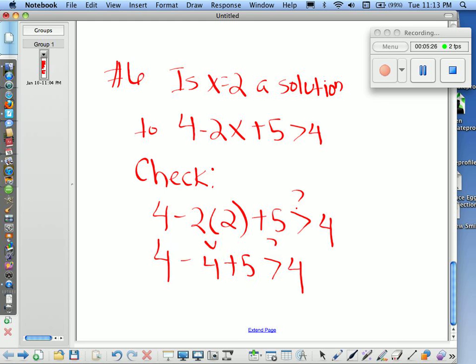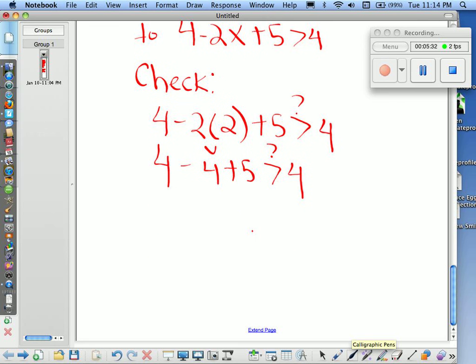So we're still not sure if it is, so we should have those question marks. Now we got to use our order of operations. And 5 is greater than 4.